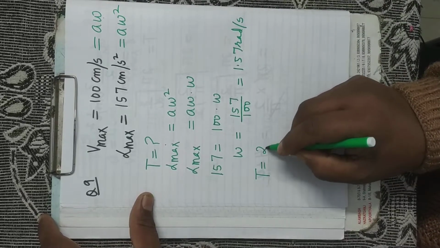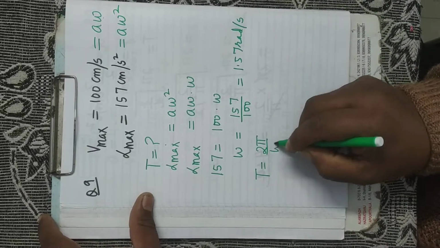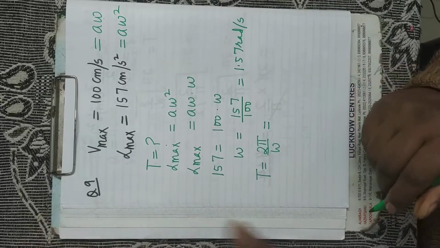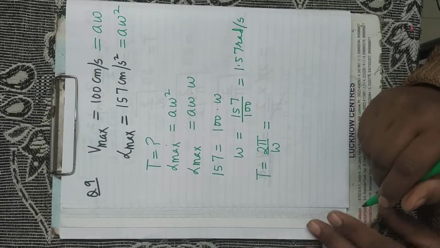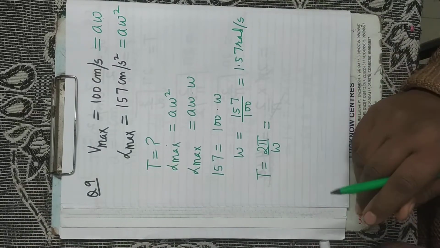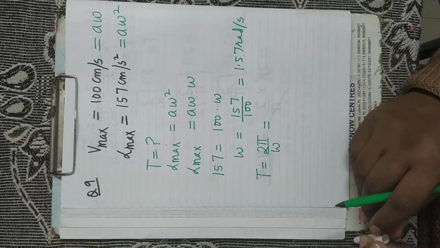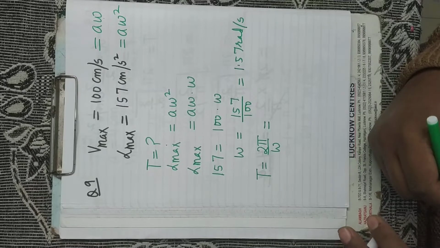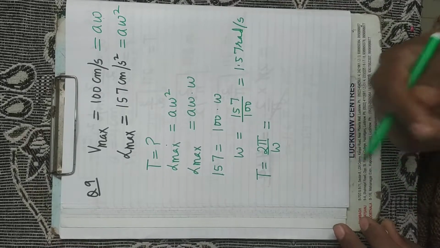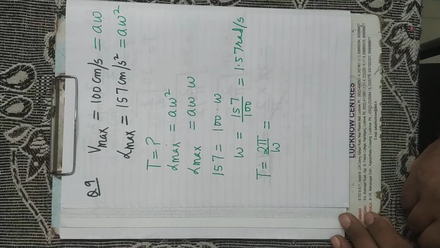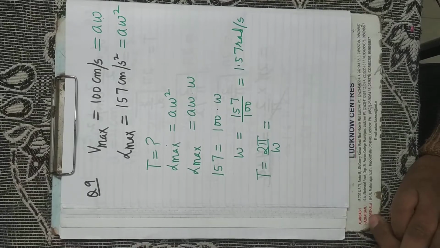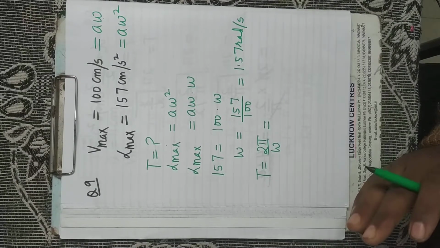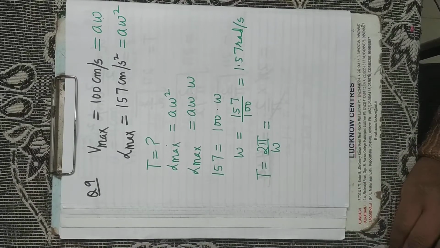So T equals 2 pi by omega. Now what value of pi should we take? These things you can do by common sense. We know pi equals 3.14, pi equals 22 upon 7. Any value you can use. Both are the same, one in decimal form and the other in fraction.